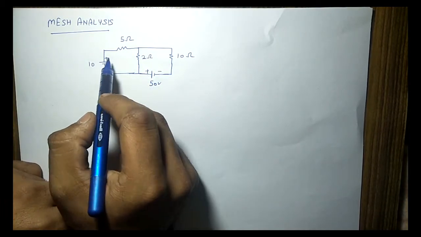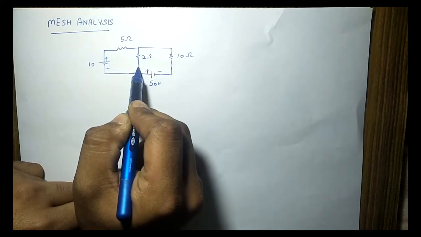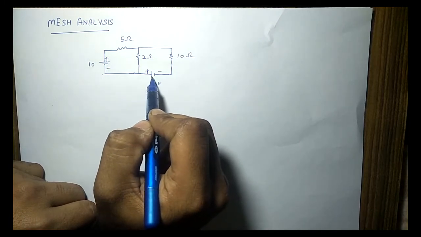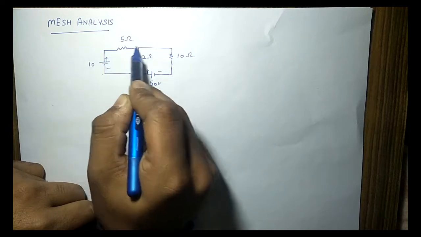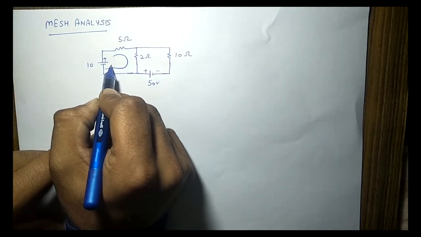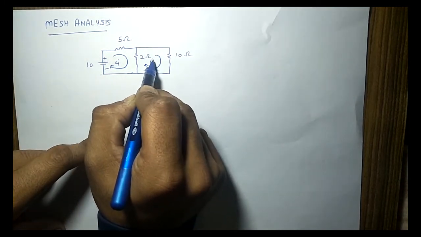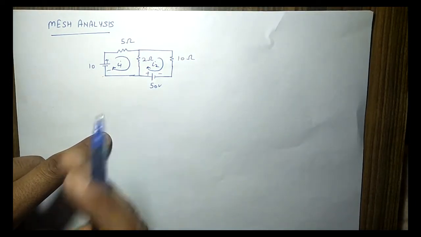You can see that the current from the 10 volt battery will flow in this path and in this path also, and the current from the 50 volt battery will flow in this path and in this path also. So we will determine the two currents, one I will name I1, and the other in loop 2, I2. In mesh analysis, we first assume the direction of the current.